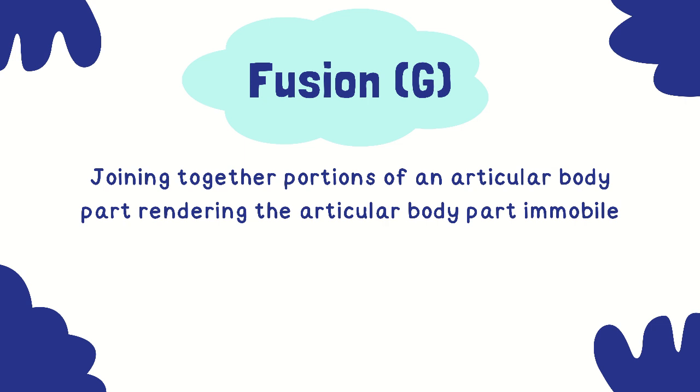So, by definition, fusion can only be performed on joint structures. Why? The objective of this procedure is to make the joint immobile by fusing the articular parts. Examples of fusion procedures could be like a spinal fusion, fusion of the joint, hands, or feet.